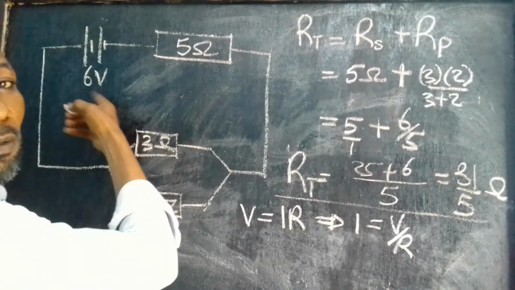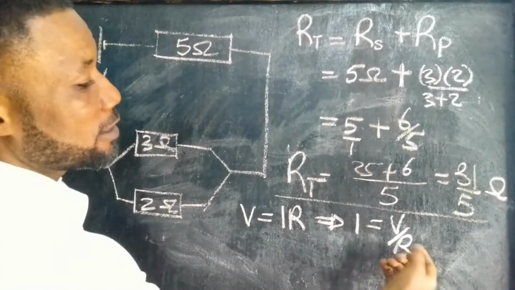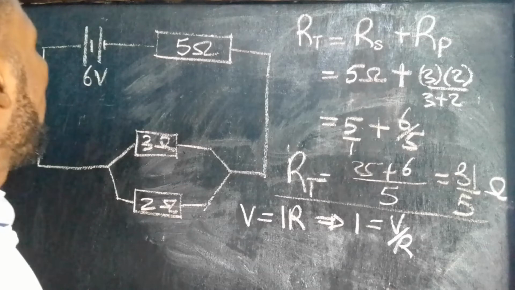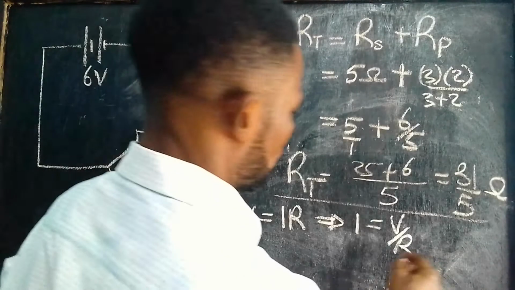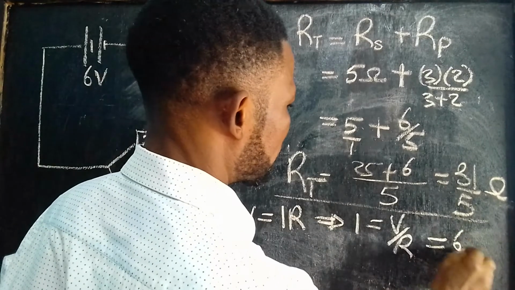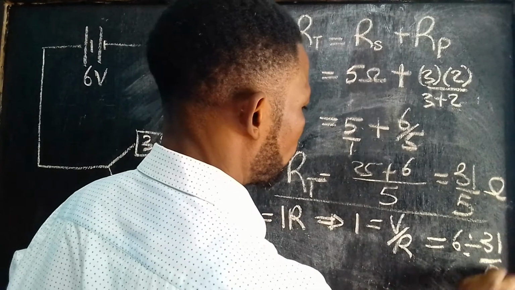Now our V is 6 volts, and our R is this total resistance, 31 on 5. So what shall we have? We shall have 6 divided by 31 on 5.